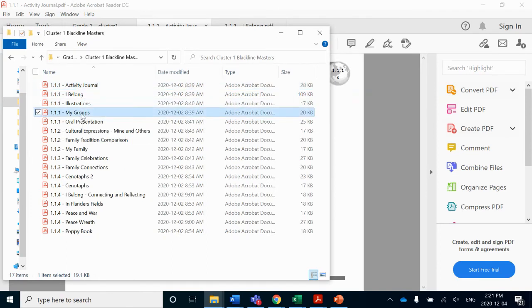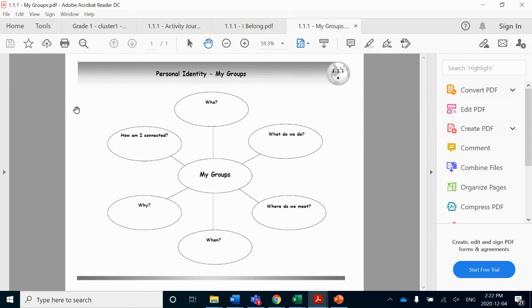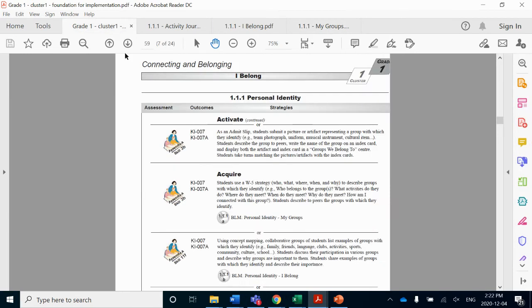So let me check this out here. Let's find 1.1.1a. Here we go. So we've got 1.1.1a in the top corner. And then here we go. The students can do some brainstorming or write down some ideas based on this activity.